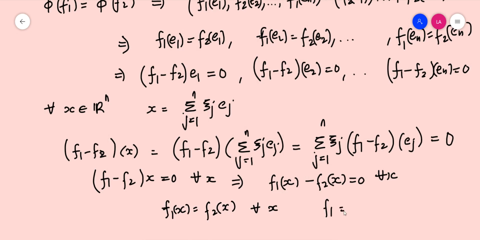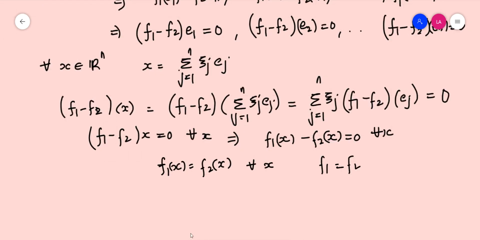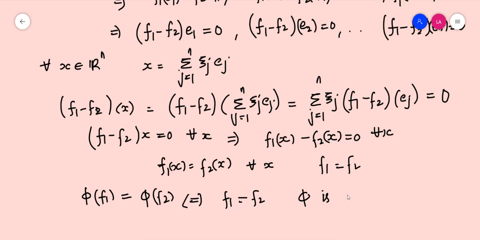That is, f1 is equal to f2. So, we have started with the assumption that phi of f1 is equal to phi of f2, which implies f1 is equal to f2. So, phi of f1 is equal to phi of f2 implies f1 is equal to f2. That is, phi is 1 1.